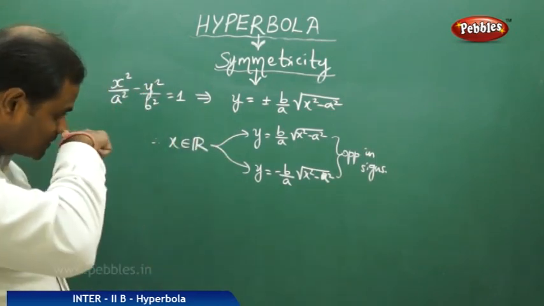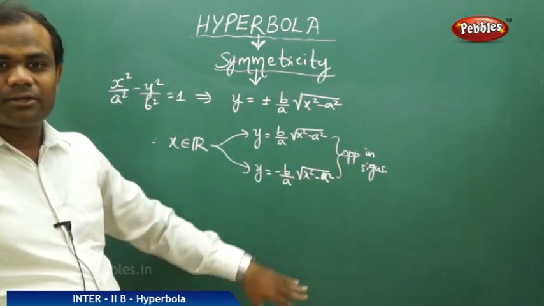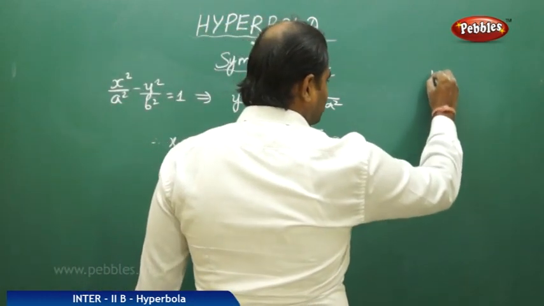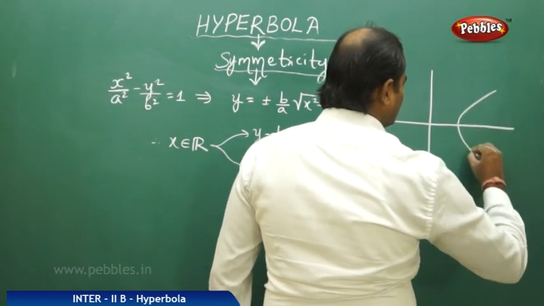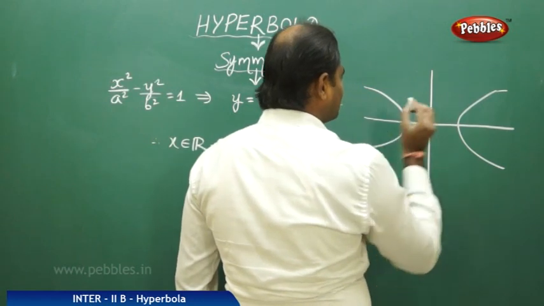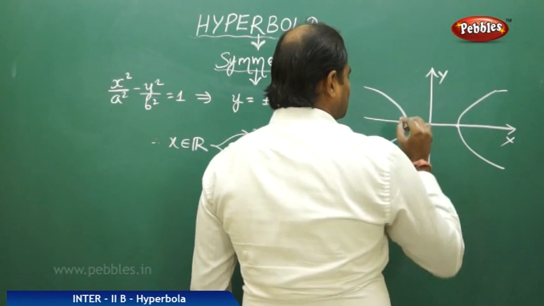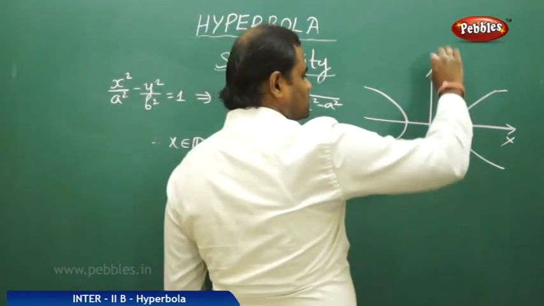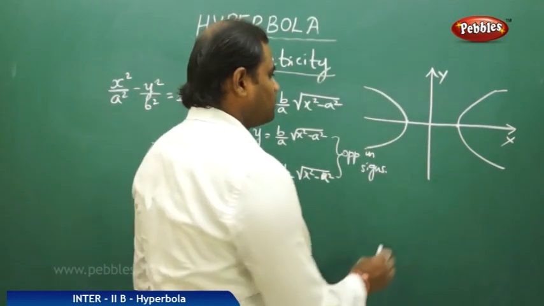Therefore, for every x, one y lies exactly above and one exactly below if I take it along the y-axis. That is, if I take the hyperbola in this form, then I clearly understand that for every x there are two values, one on the positive side and one on the negative side. Therefore, the graph is symmetric about the x-axis.